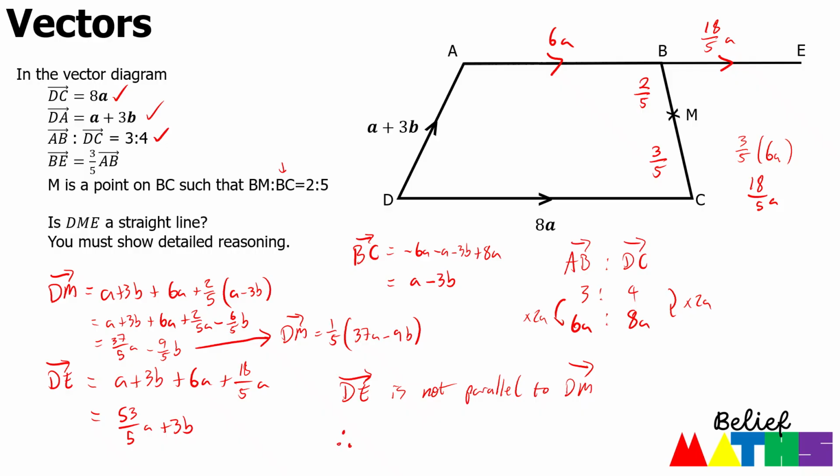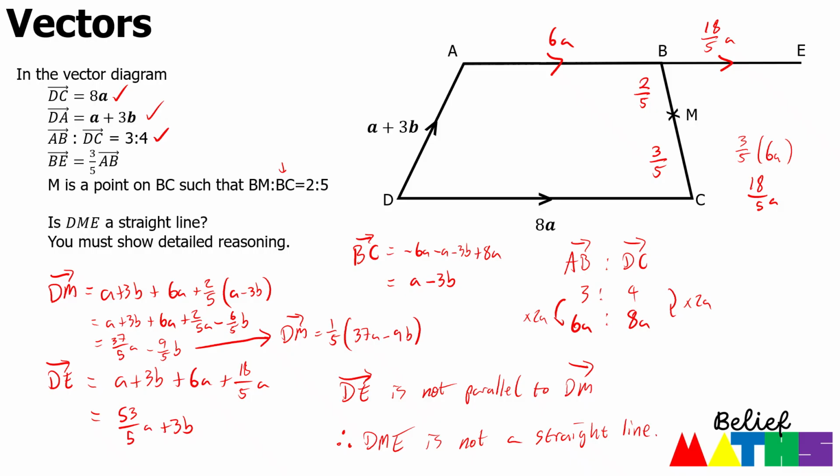Therefore, DME is not a straight line. Because remember, for them to be a straight line, they have to be parallel to each other. And for them to be parallel, they have to be scalars of each other. So there has to be a common scale factor between the A values and the B values. And in this case, it isn't.